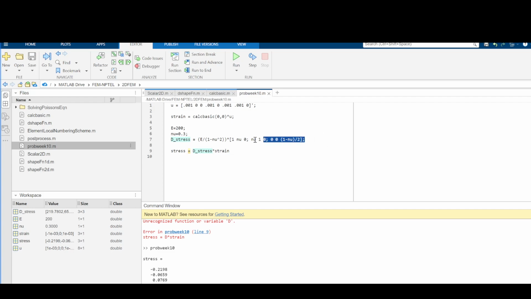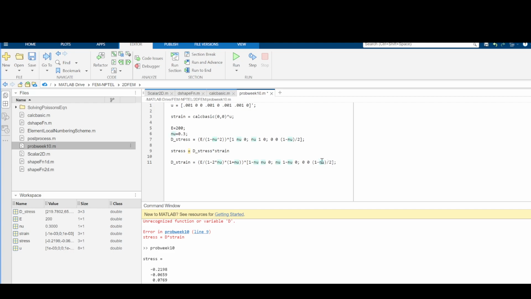And if we want to define it for plane strain, we have E over 1 plus nu, 1 minus nu. We have 1 minus nu along the diagonal.